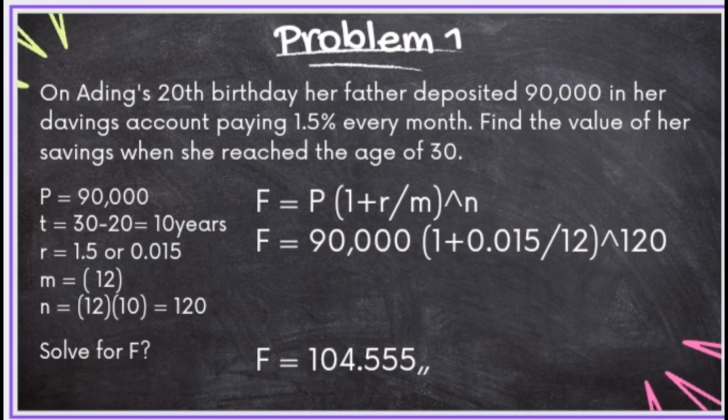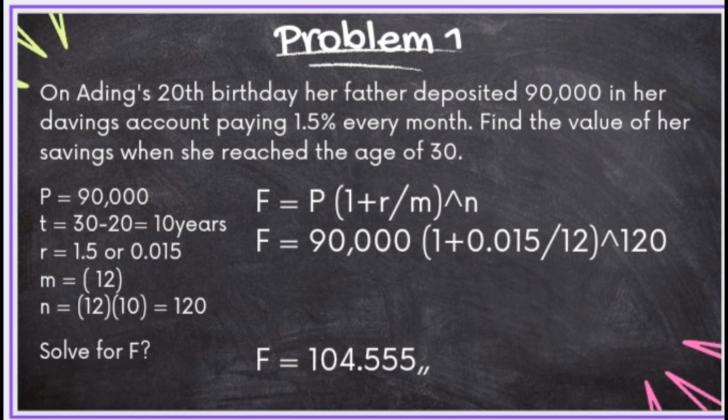Problem number 1. On Adding's 20th birthday, her father deposited 90,000 in her savings account, paying 1.5% every month. Find the value of her savings when she reached the age of 30.